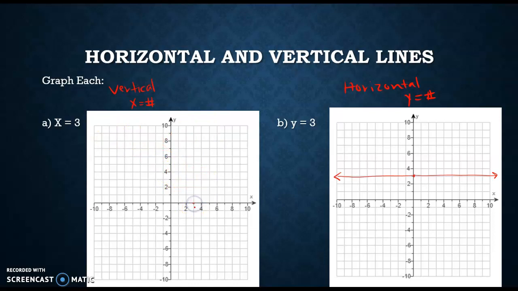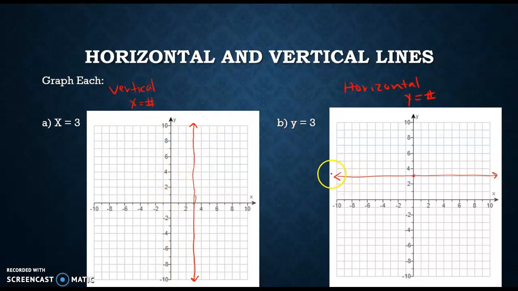But instead of drawing it horizontal, because that would give me all of my x values, I'm going to draw vertically, at least to the best of my ability with my drawing tablet. I'm going to draw this vertical line because on this line, x is always 3. And that's what this equation is saying, is that x is always 3.